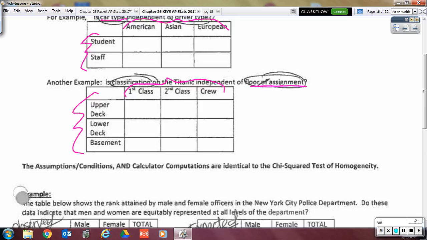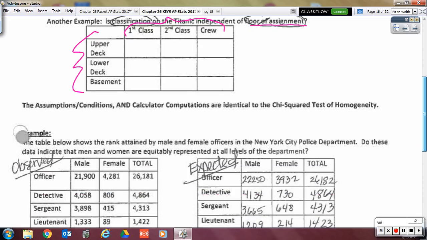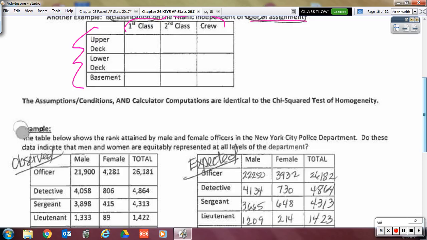So we've got upper deck, lower deck, basement. So we've got 2 full variables. Is the floor assignment independent of the classification? The assumptions, conditions, and calculator computations are identical to the chi-squared test of homogeneity. So we'll zip through this real quick and just hone in on the differences of the language.